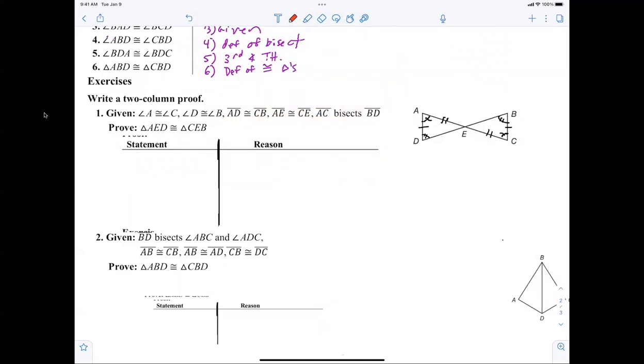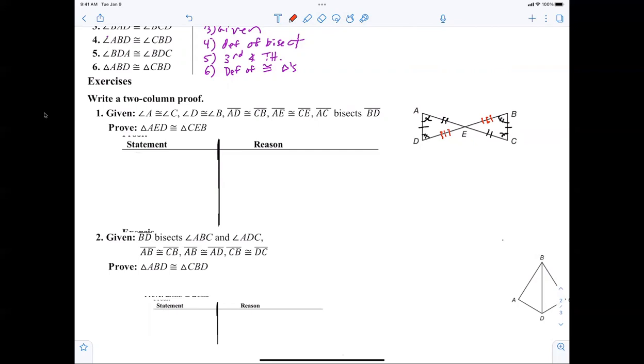AC, yes, very smart. Thank you. DE is congruent to EB. Okay, so now what's true about angle AED and BEC? They're congruent.